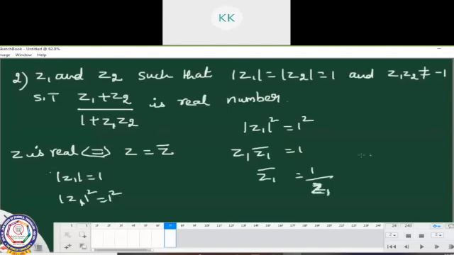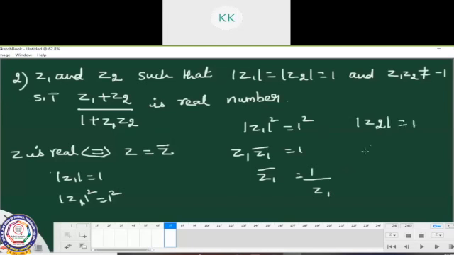See, the same way, modulus of Z2 equal to 1.